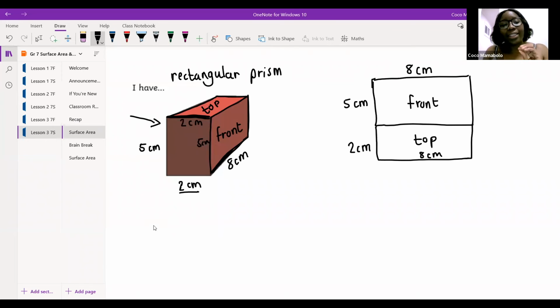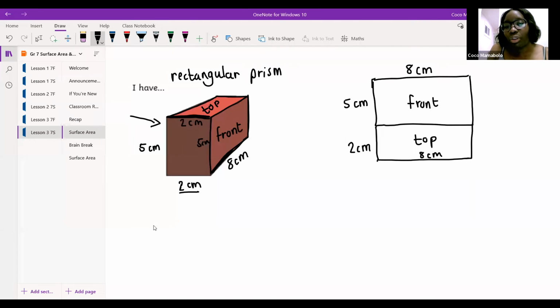Now, I want you to answer yes or no for me in the chat. Do you agree with me that, because this is a rectangular prism, the front and the back will look exactly the same? They will be identical because I'm making a box.